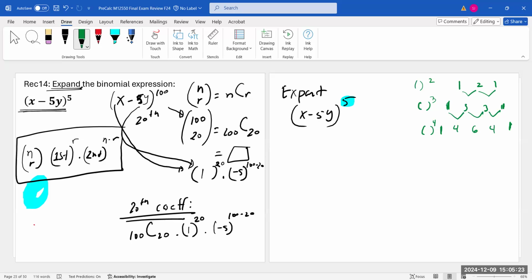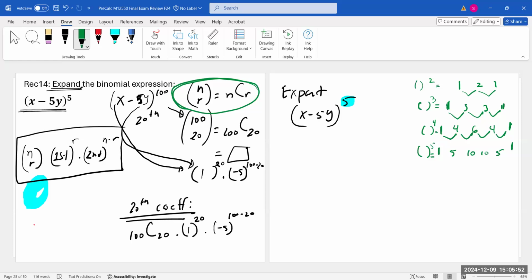Now we are looking for the fifth binomial. It means one more. So we start with 1, we end with 1. And then we have 1 plus 4, 5, 10, 10, 5. So these are the coefficients we're supposed to get using this formula. So instead of using this formula, I simply use Pascal's triangle.